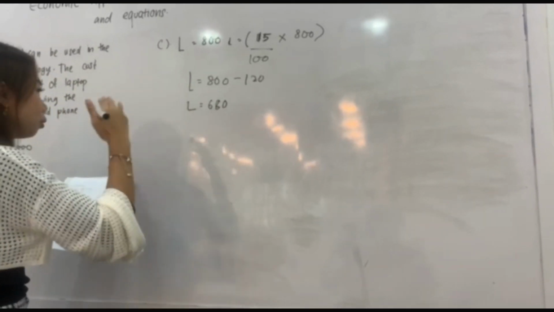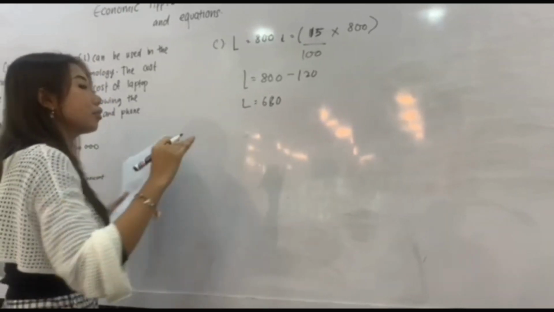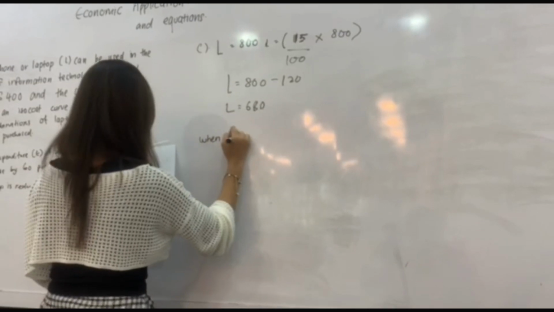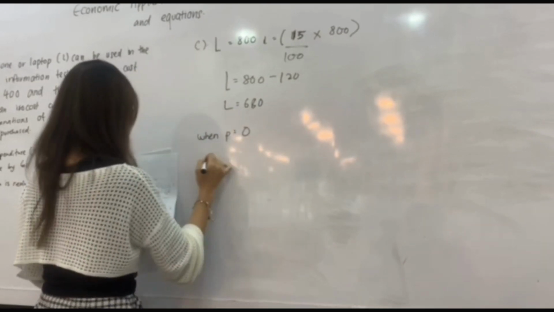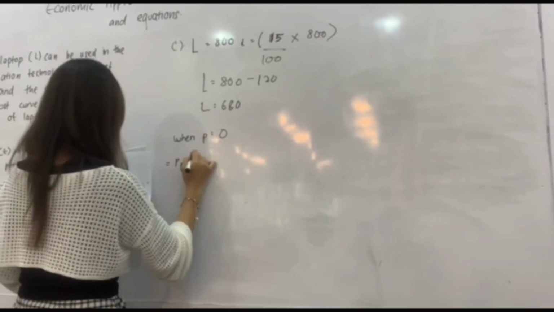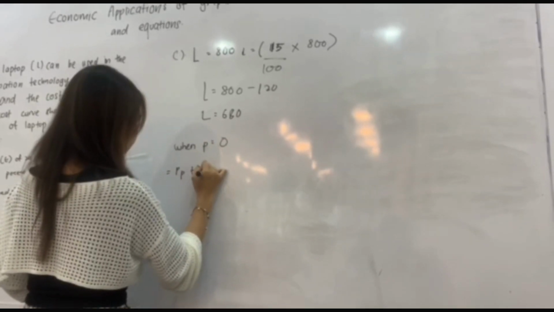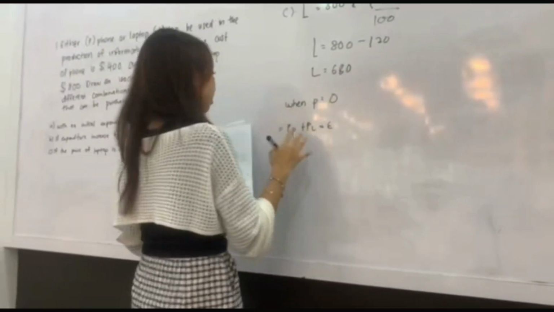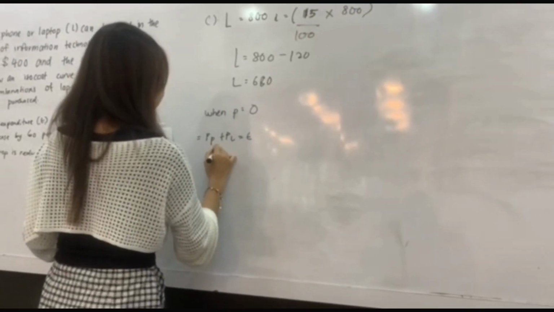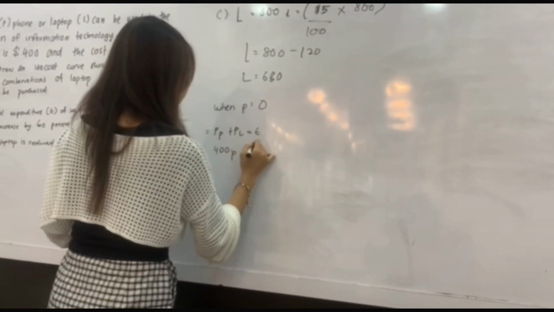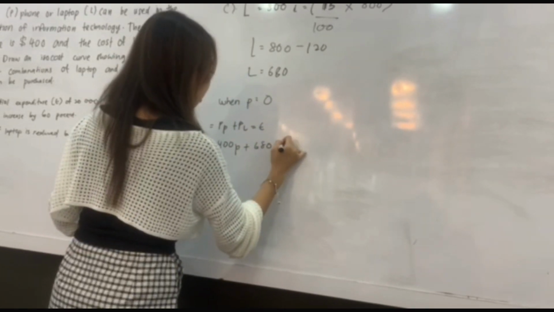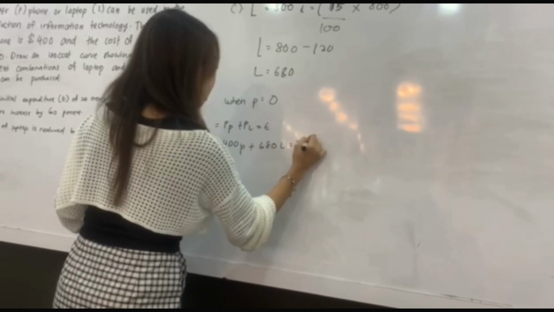So we need to do same as the previous question, which is when P equals 0, PP, PL, E. E stands for expenditure, like I said before. So 400P plus 680L equals, we get 20,000.